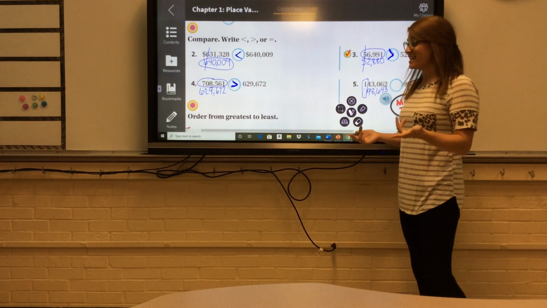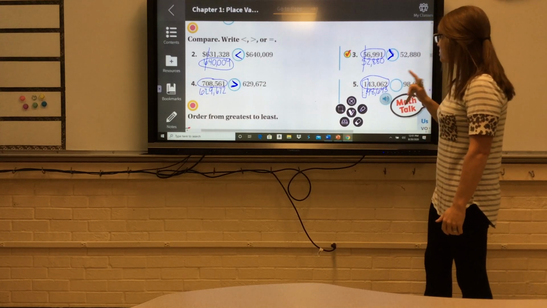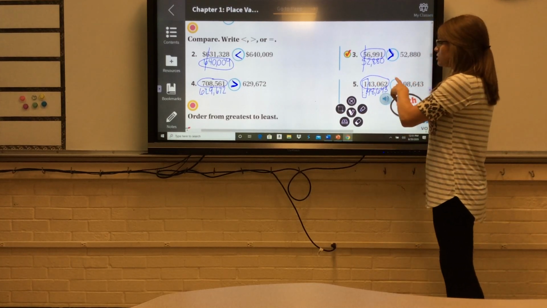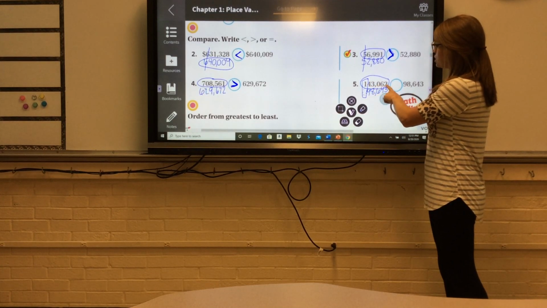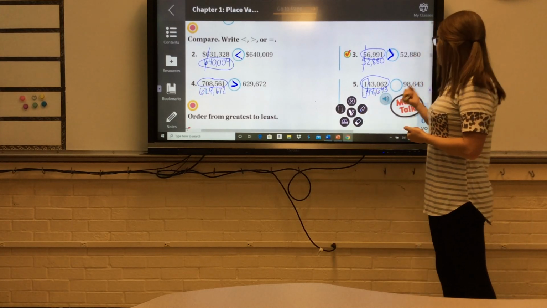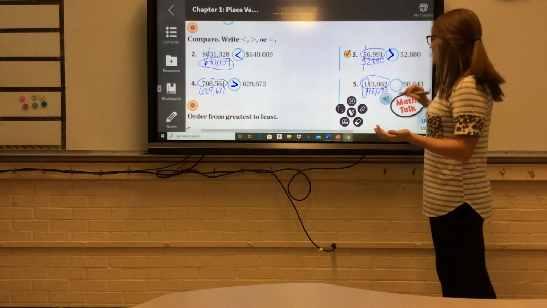Right, that 1 is, which means that this whole number up here is going to be greater than this number over here to the right. So let's see which inequality symbol we can put in there. 143,062, will it be greater than, less than, or equal to 98,643? Exactly, it's going to be greater than. Good job.